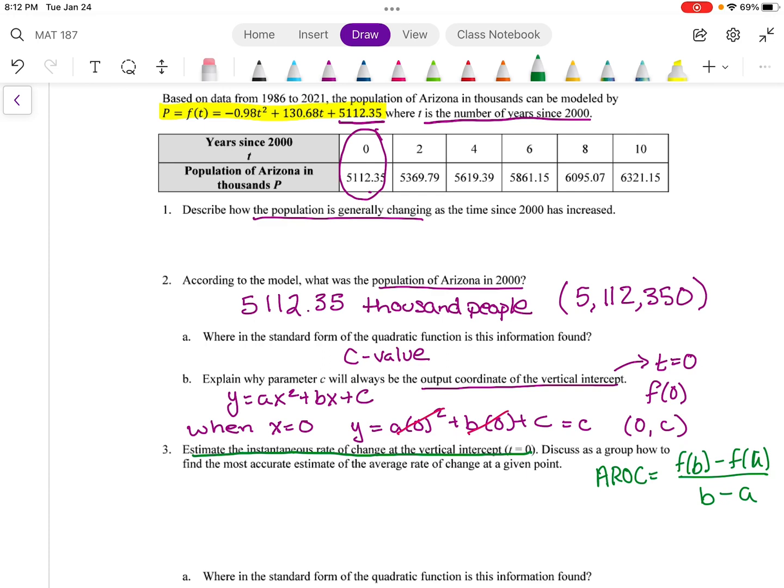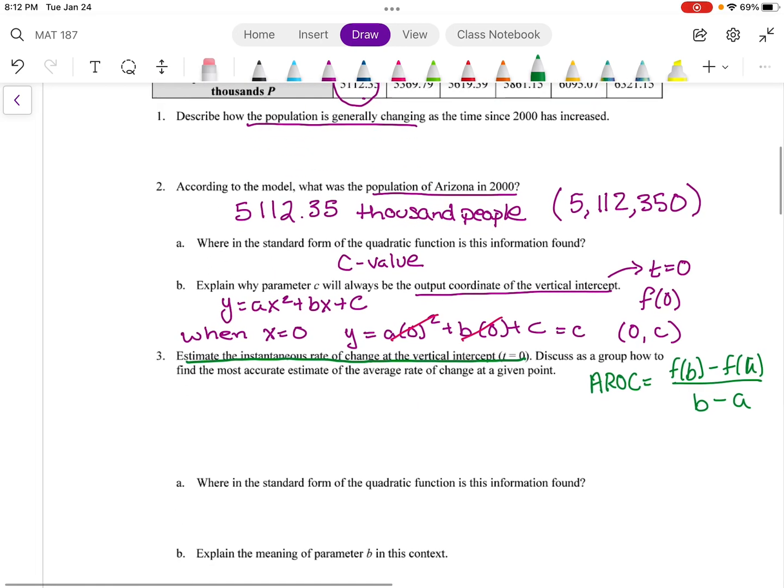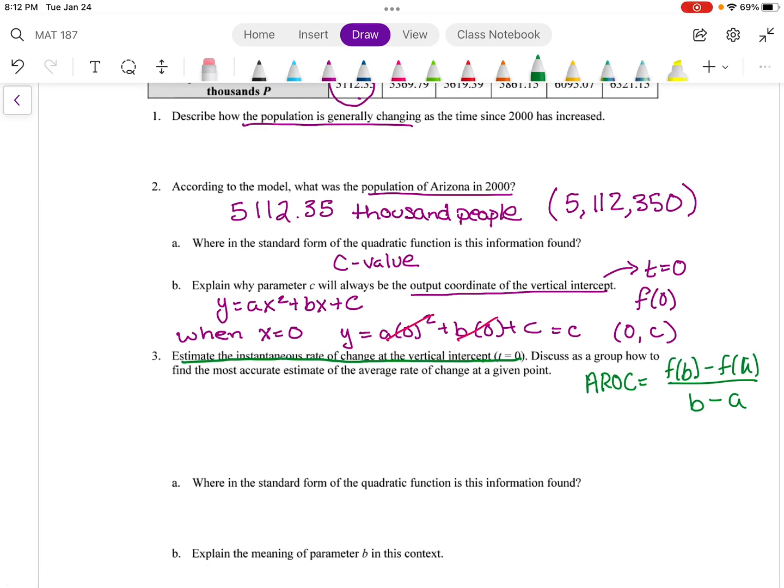But that's not going to get me a good estimate of what's happening at 0. I need to pick two time values that are really close to 0. So I would start with 0, obviously, and then pick a number super close to 0. The next temptation is to use 1. Well, can I get closer to 0 than 1? You might think 0.5. Can we get closer than 0.5?